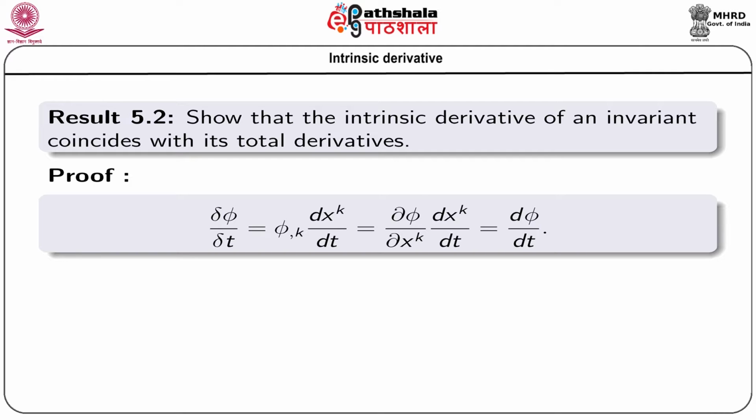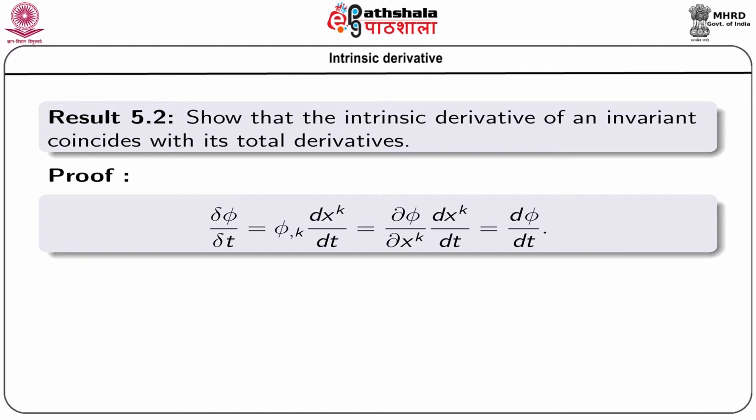From covariant differentiation of invariants, φ,k is nothing but the partial derivative of φ with respect to x^k. So, we can write ∂φ/∂x^k dx^k/dt, and from the theory of partial derivatives that can be expressed as dφ/dt. So, δφ/δt is equal to dφ/dt.